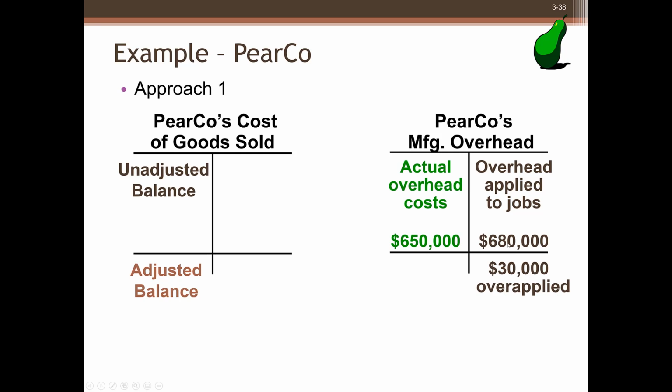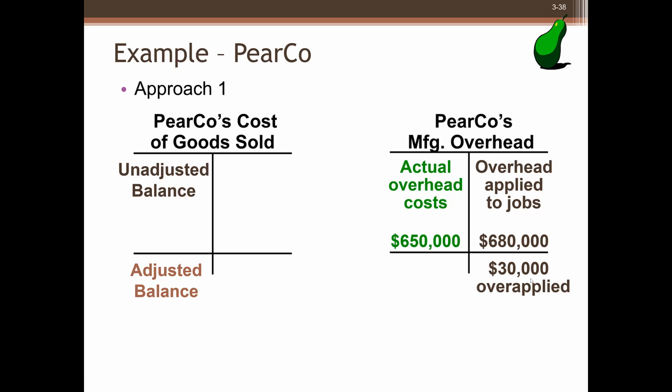You can see here on the right-hand side, 680,000 is more than 650,000 by 30,000. So take a look at the ending balance for manufacturing overhead. It has a credit balance of 30,000. This is over-applied overhead.